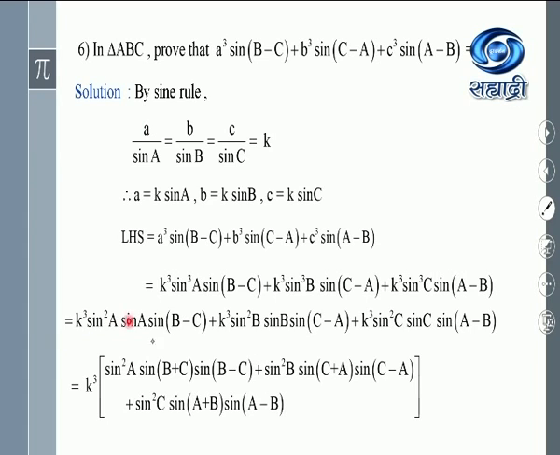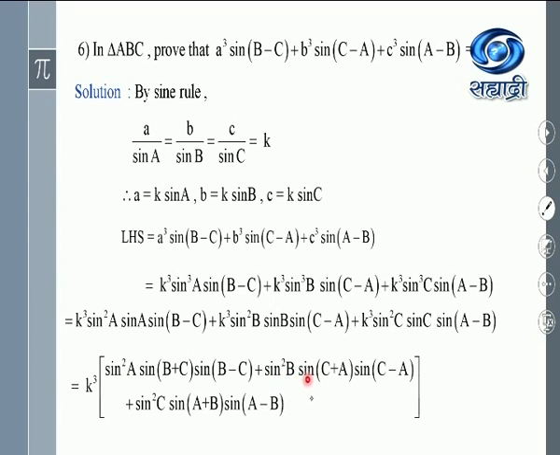Now, from these three terms, if you look, k cube is common to all. So we take k cube common and we write the bracketed quantity. The first term is sine square a into sine of b minus c, which is this. K cube we took outside, therefore the term inside the bracket is sine square b, sine b into sine of c minus a.